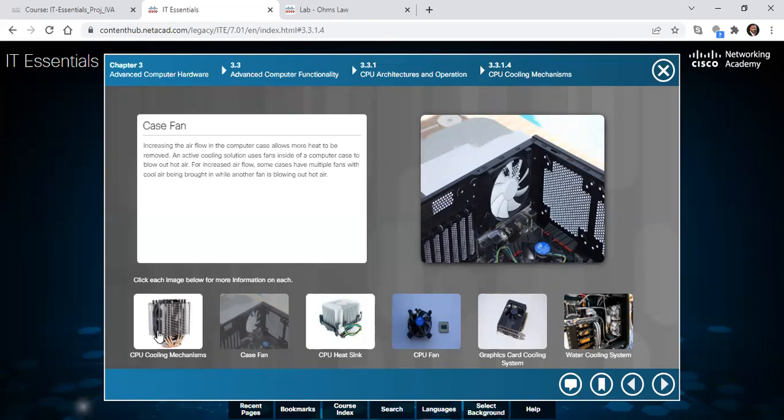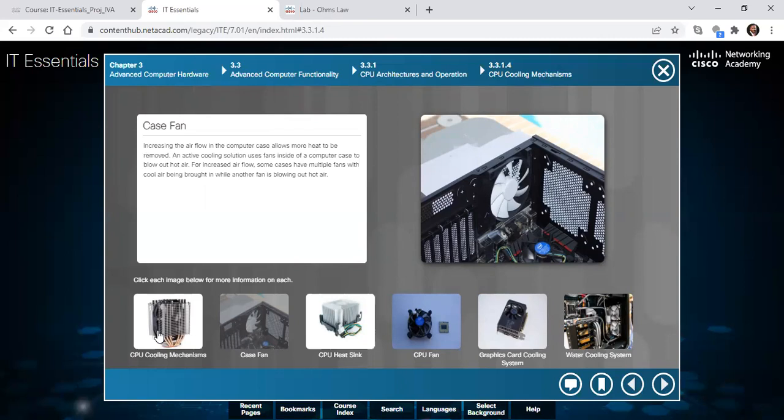An active cooling solution uses fans inside of a computer case to blow out hot air. For increased airflow, some cases have multiple fans, with cool air being brought in while another fan is blowing out hot air.